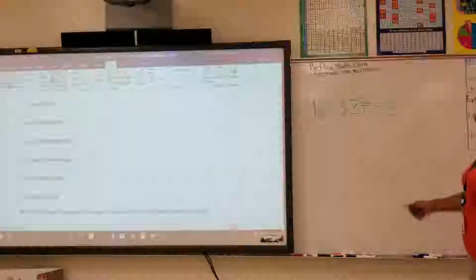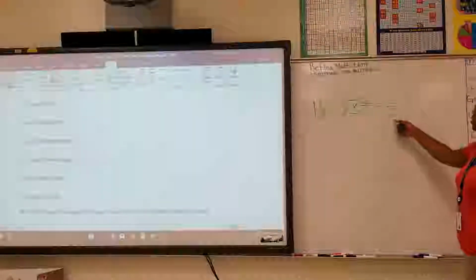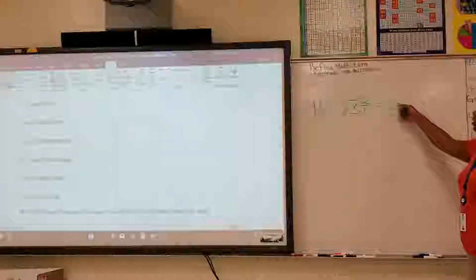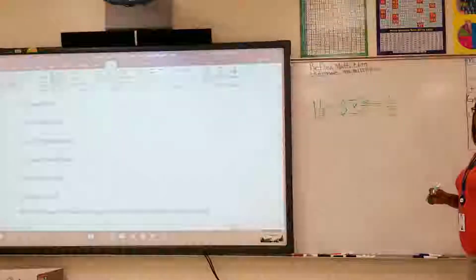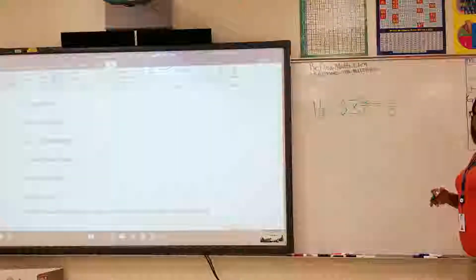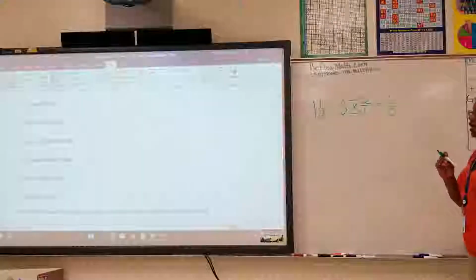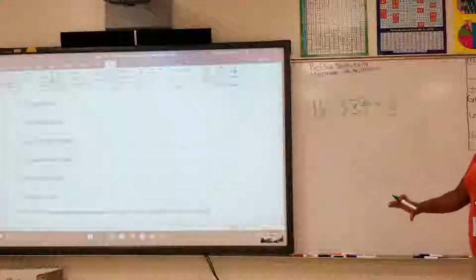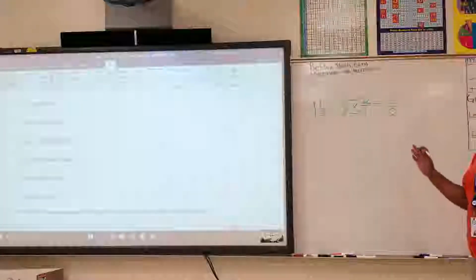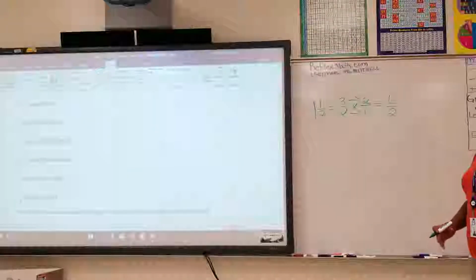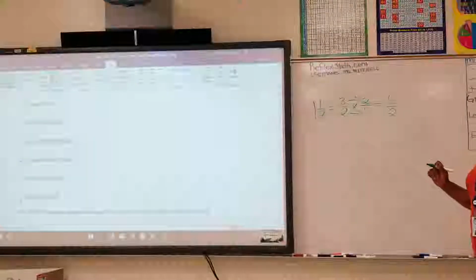Okay? From here, this is an improper fraction. 6 is bigger than 2. Okay? We cannot leave that like that. As if they have it in the options for the answer, fine. But ordinarily, you do not leave it like this.